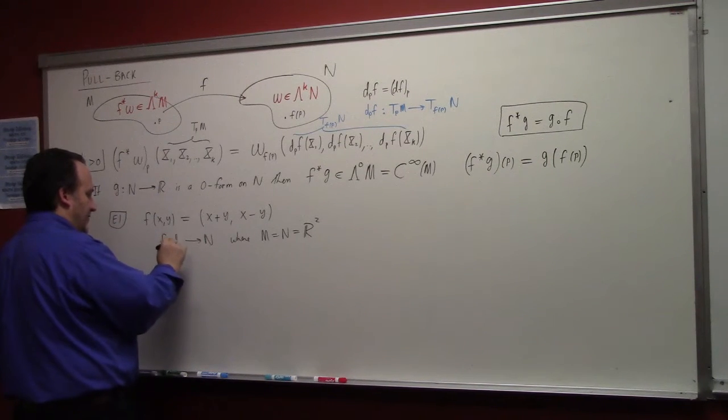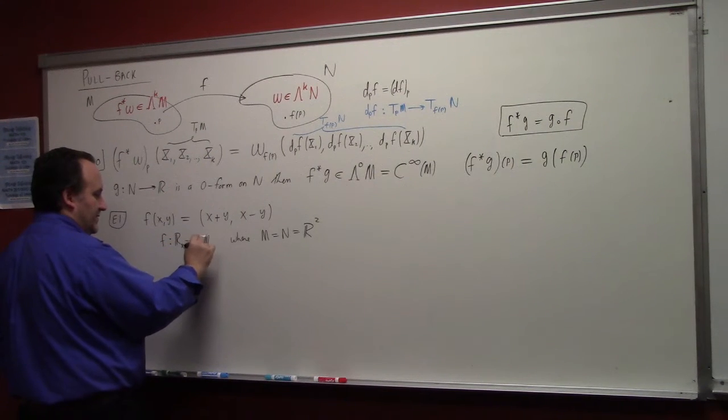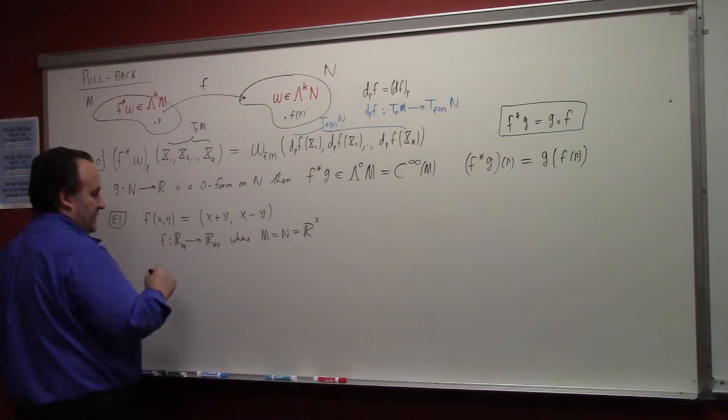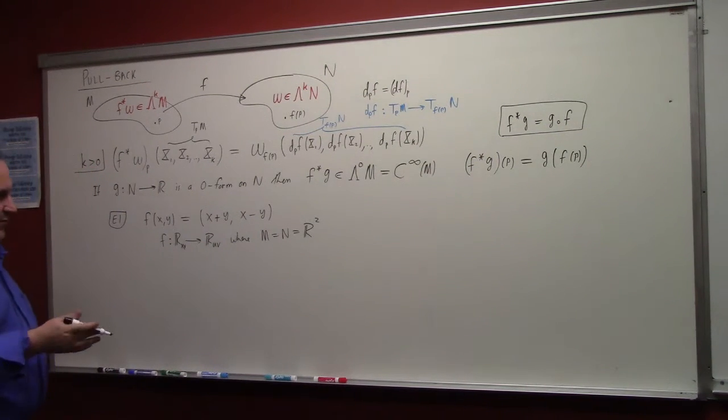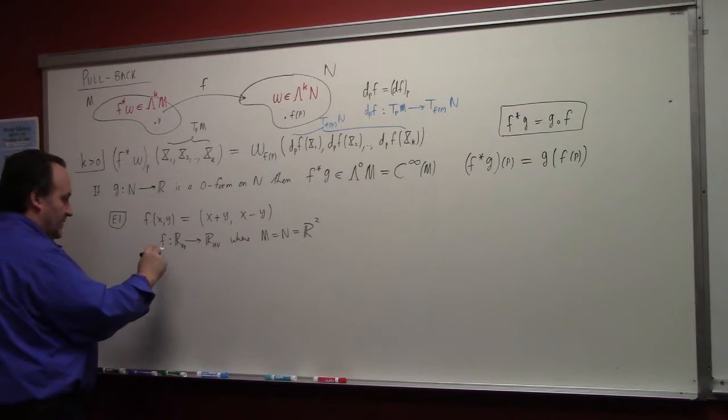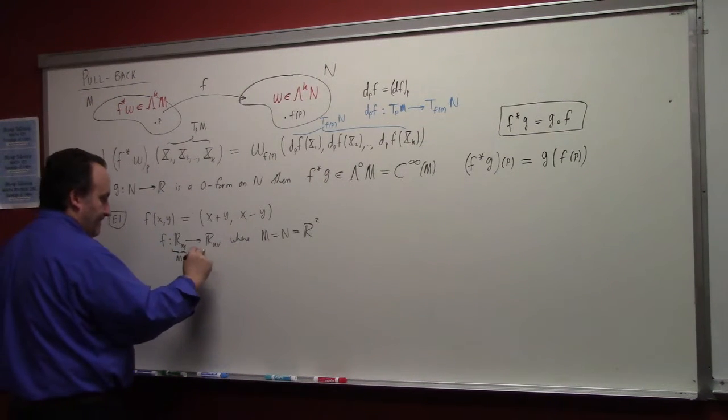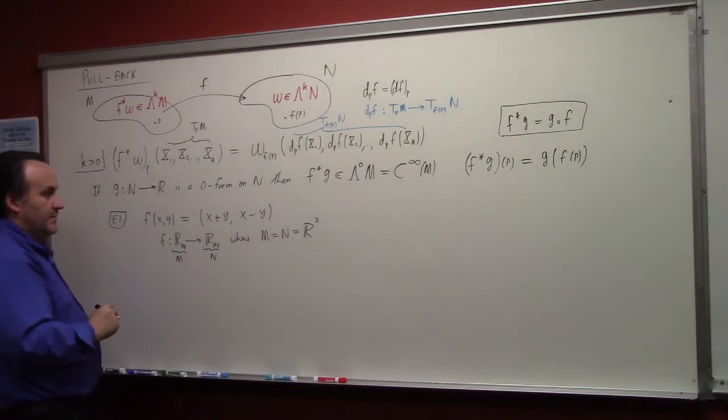Let's be a little bit more crafty here. Let's call XY coordinates for the domain, and let's use UV coordinates for the codomain. They're both R2, but I'm going to put UV coordinates on N, and XY coordinates on M.